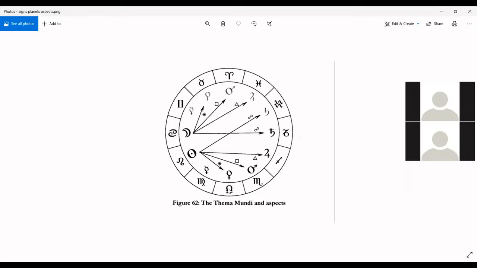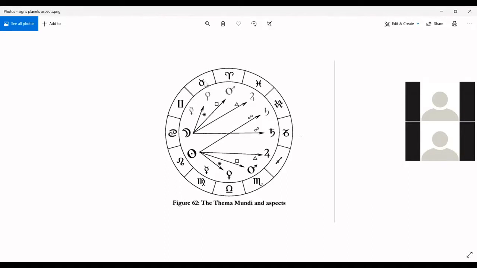Now, Venus is called the lesser benefic, and so they call the sextile the aspect of medium friendship because it has her nature, which is 60 degrees away. Libra is 60 degrees away from Leo, and Taurus is 60 degrees away from Cancer. Now, let me break this down a little further. We can look at Cancer as 30 degrees, Gemini as another 30 degrees, another 30 degrees, another 30 degrees. Gemini is 30 degrees away from Cancer.